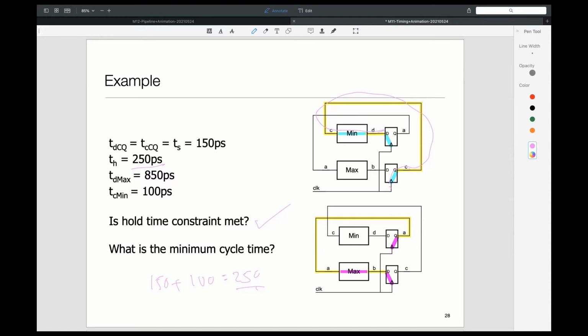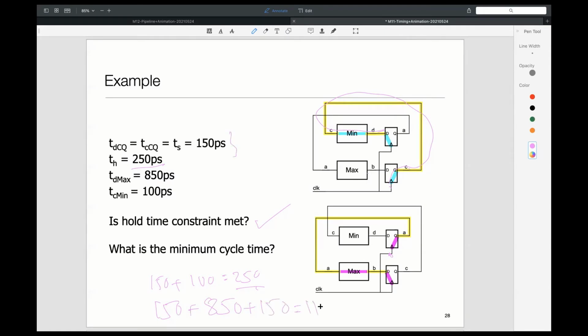What is the minimum cycle time? For minimum cycle time, I have to look at the long delay. Since I told you earlier that the bottom combinational logic block is the slower one, we're going to focus on that. From clock to A is TDCQ, which is 150, plus delay through max, which is 850, plus setup time, which is 150.